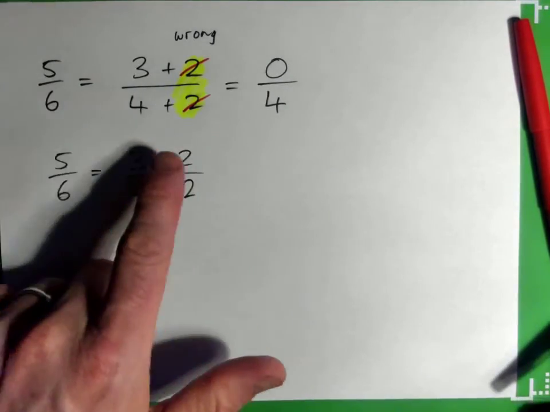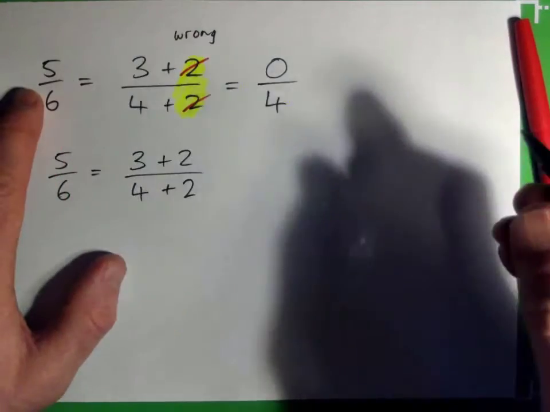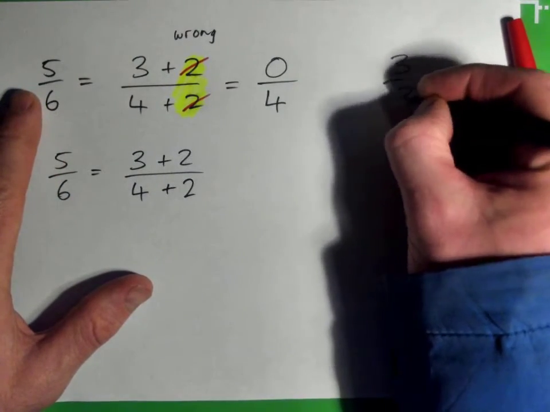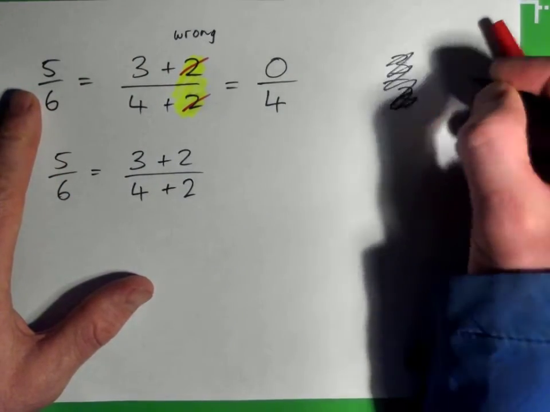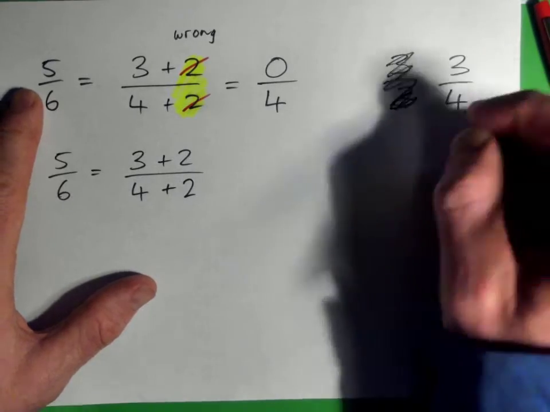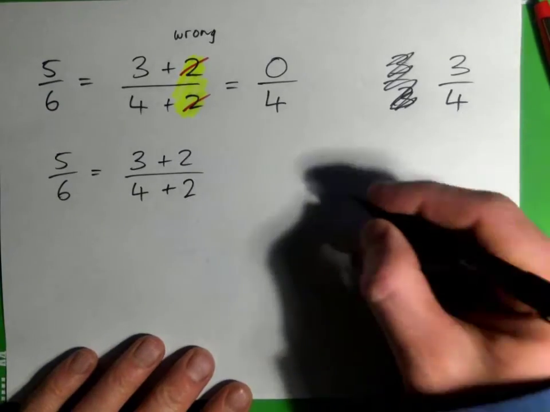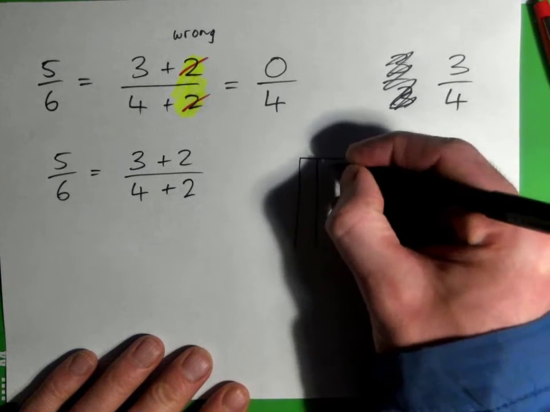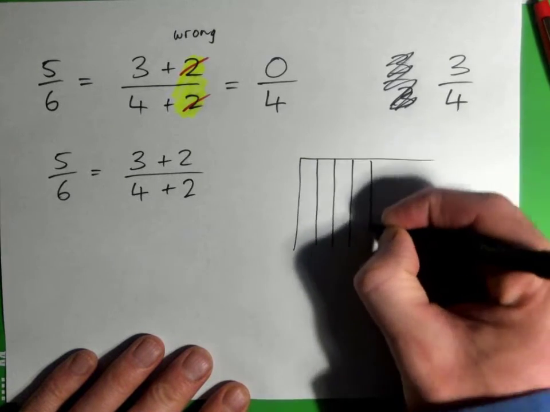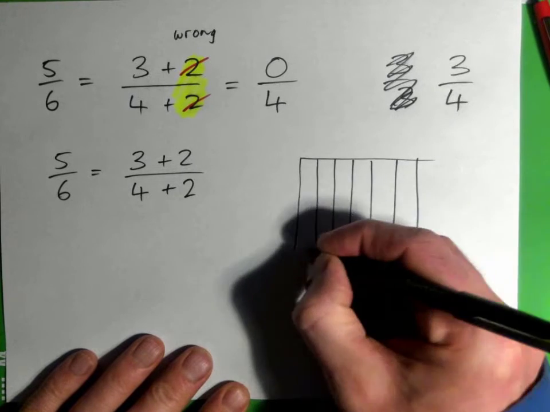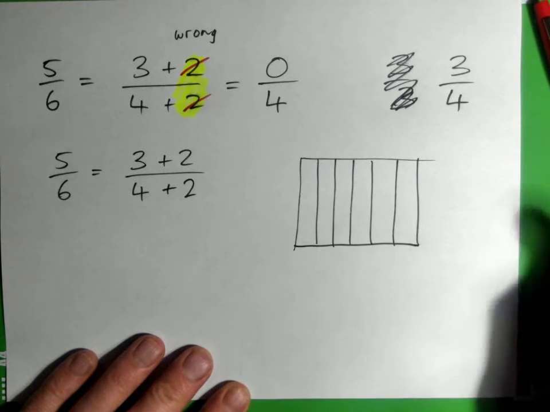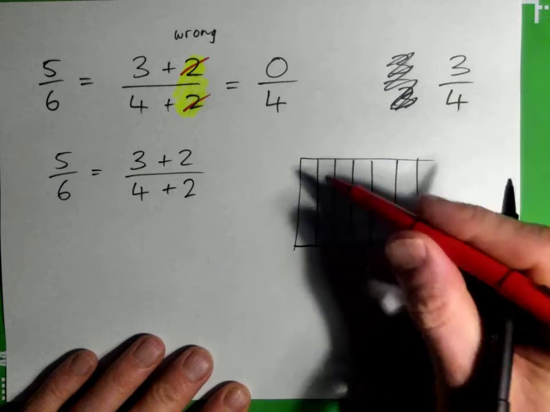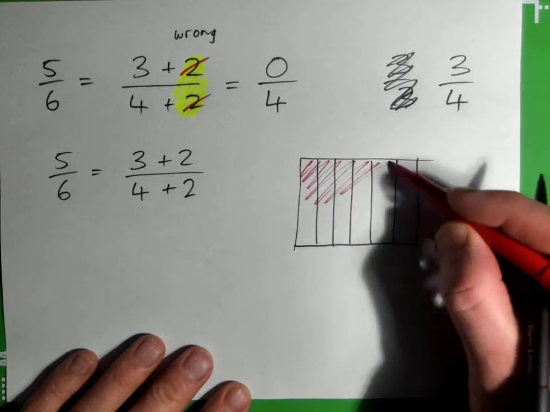So let's say you cross those off and you said, okay, 5/6 is, say, 3/4. Well, 5/6 is just not 3/4. Like here, let's say 1, 2, 3, 4, 5, 6. Here's a rectangle split into 6, right? And if I shade 5 of those, that's 5/6.